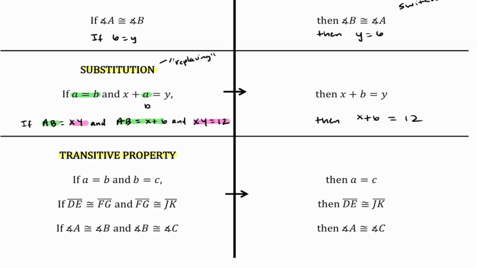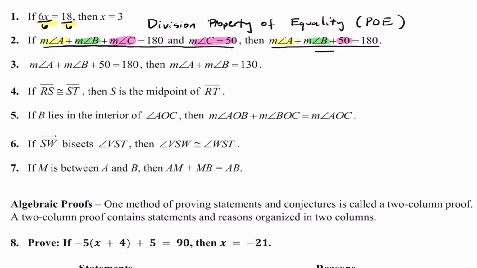So if we go back to our pink sheets, here's substitution, which is a synonym for replacing. If A equals B and x plus A equals y, then x plus B equals y. That means our reasoning for number 2 would be substitution. That's the answer for number 2.